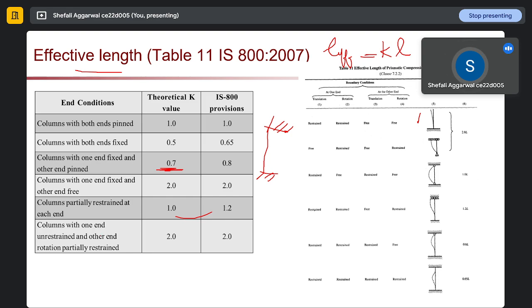And if one end of the column is unrestrained and the other end is partially restrained against rotation, like in this case, then our K value is 2. Okay, this much is clear.